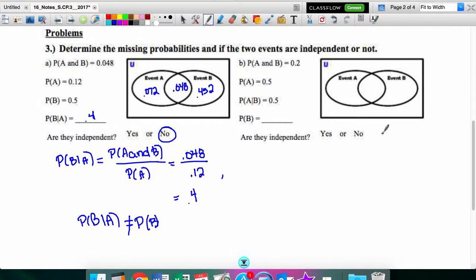In example B, we have the and probability again, the probability of A, and the probability of A given B given to us. And we want to know the probability of B. Before I talk about the probability of B, take a look at what we have. We have the probability of A and we have the probability of A given B, both as 0.5.